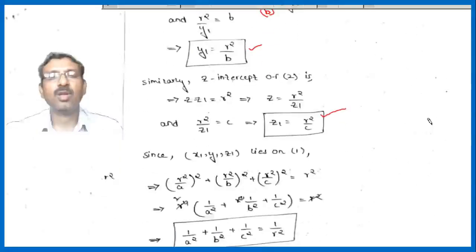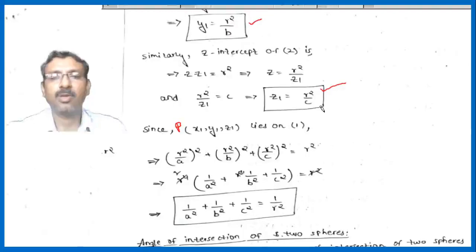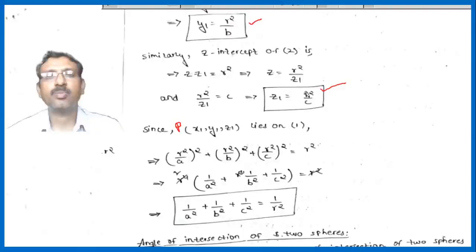So now I am going to write the point P in terms of r square by c. So this is equal to r square by a, r square by b and r square by c.